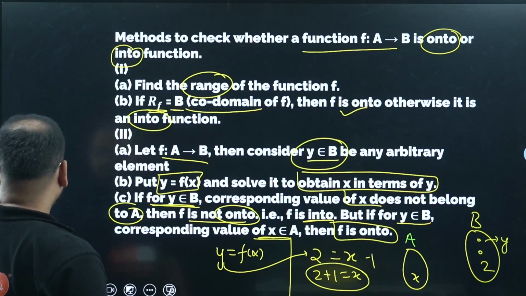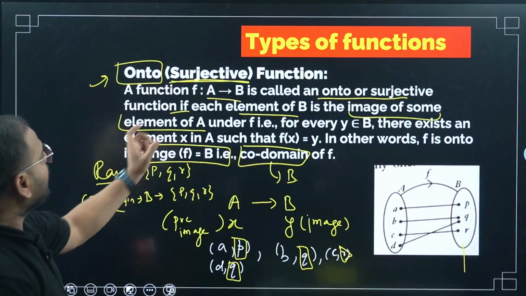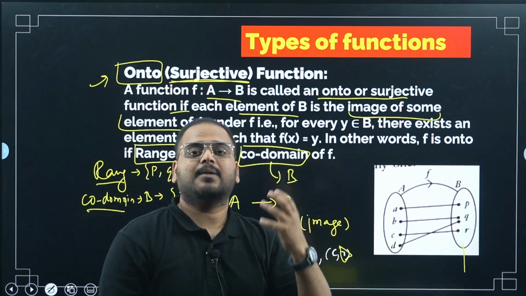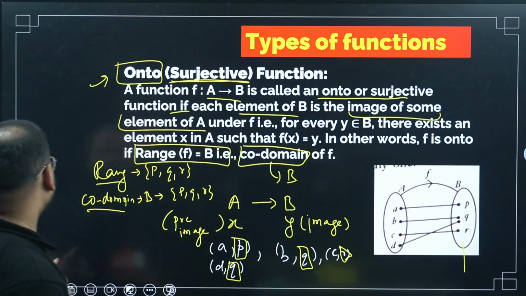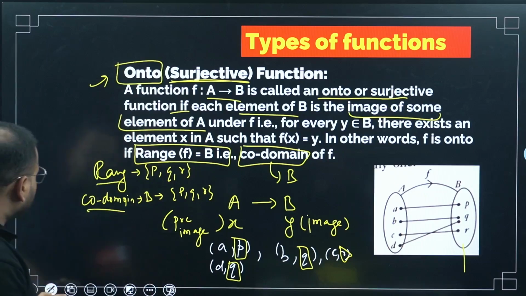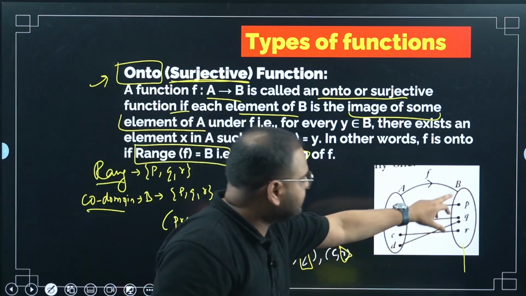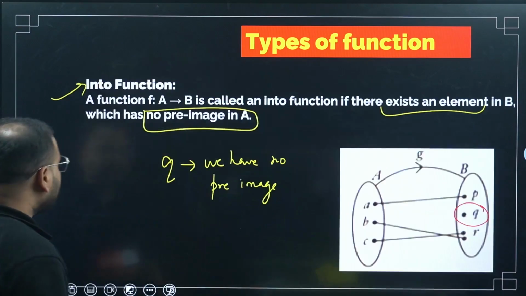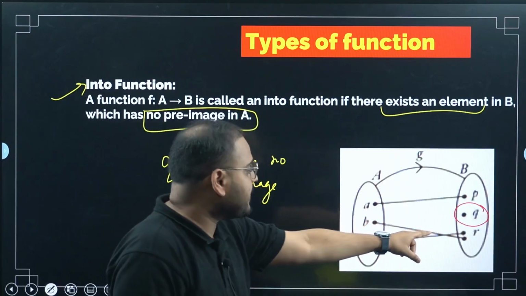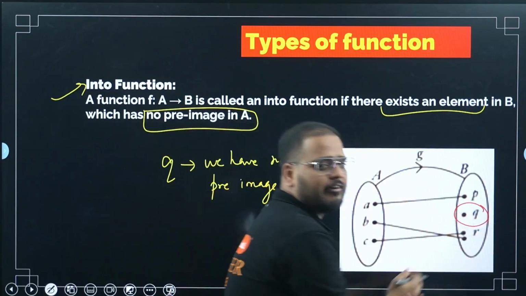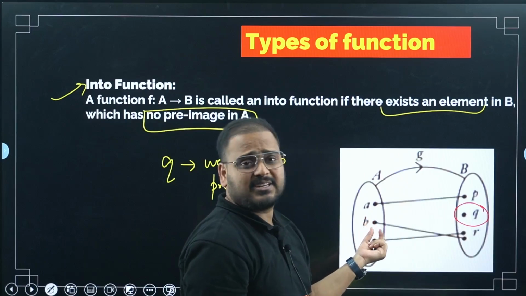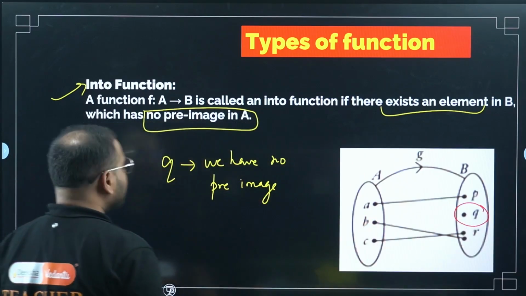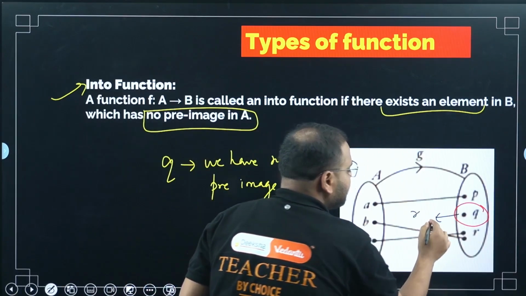Moving on. I think you understood? On to surjective is important because it will help us understand bijections. Onto is very important, but into is also important because it's just the other part of onto. If something is missing, left alone, that will be into. I took some value of y, and for that I get some pre-image x.